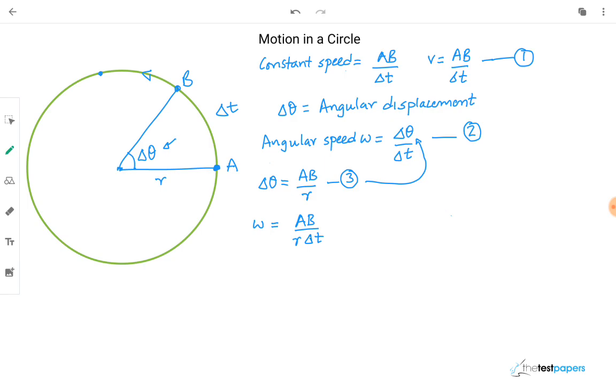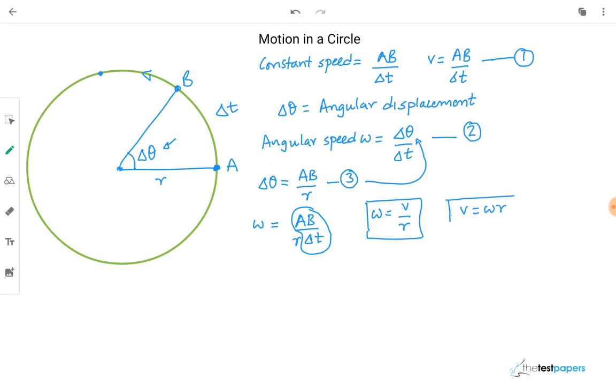Now if we look closely at equation 1, you will notice that linear speed v is AB by delta t. This is our linear speed. So substituting the value of v, because v is equal to AB by delta t, we get the relationship between the linear speed and the angular speed. So this is the relationship. If we rearrange the equation, we can say that v is equal to omega r.